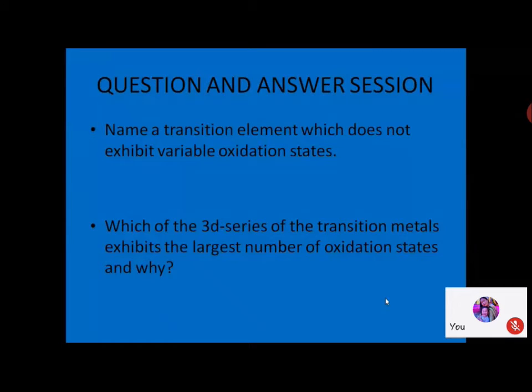Tell me the 3d series elements. Name the 3d series elements.